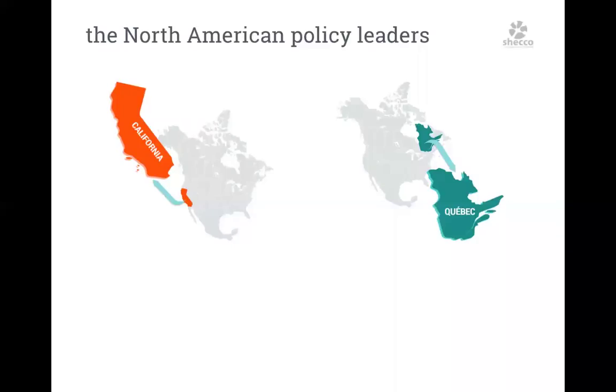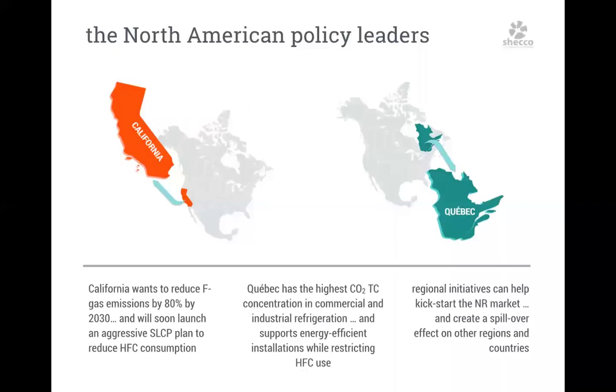When we talk about the regional incentives or the regional mechanisms that drive the market, 2 provinces or states stand out. That's first of all California, which wants to reduce F-gas emissions by 80% by 2030.